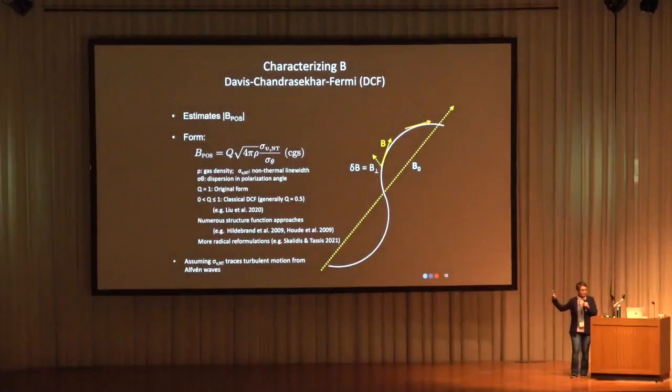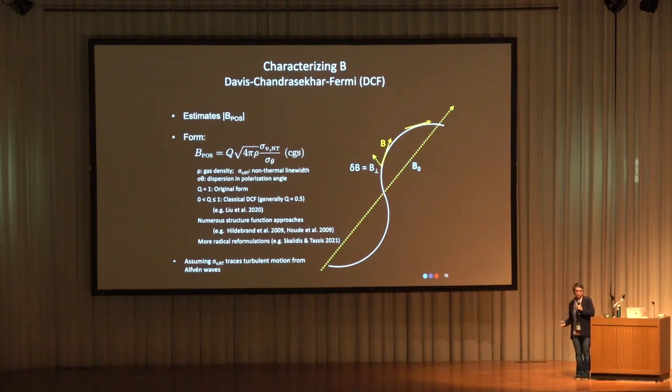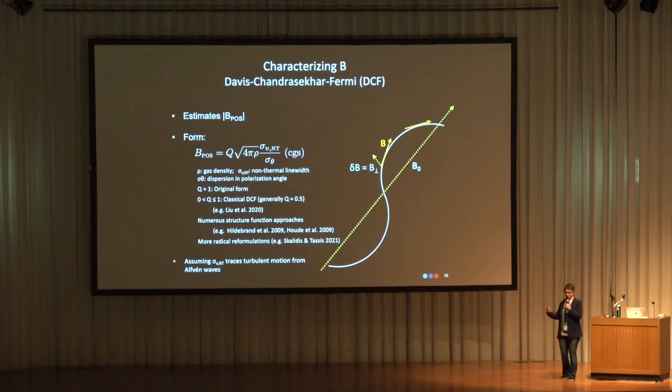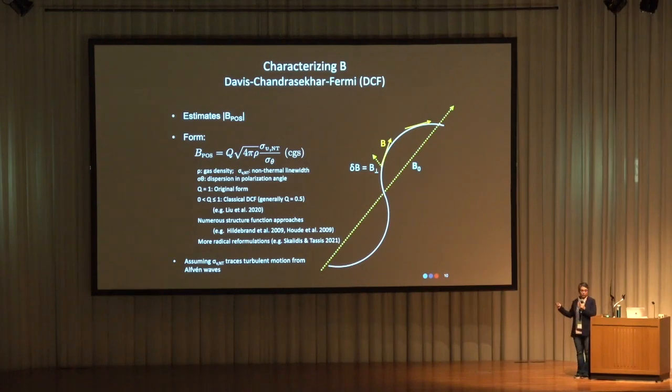So in all these metrics, we need to find the strength of magnetic fields. One of the widely used techniques to determine the strength of the magnetic field, particularly the plane of sky magnetic field, has been the Davis-Chandrasekhar-Fermi, or DCF, technique.